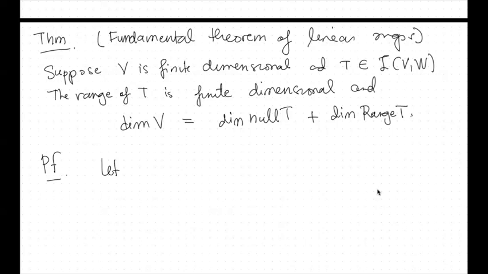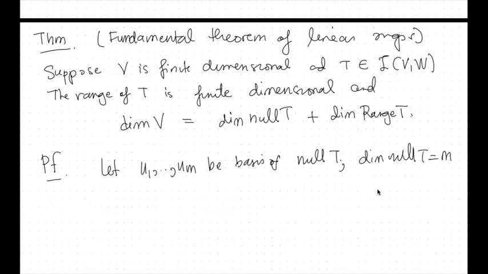Let U1 to UM be a basis of null T. Of course, this means that the dimension of the null space of T is equal to M, being the number of elements in the basis.